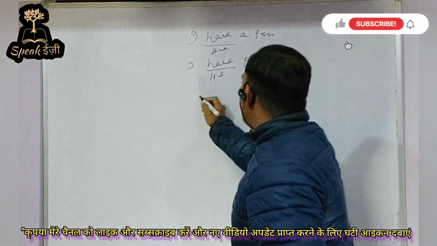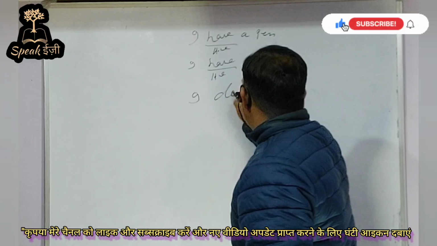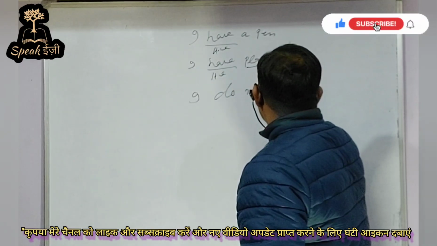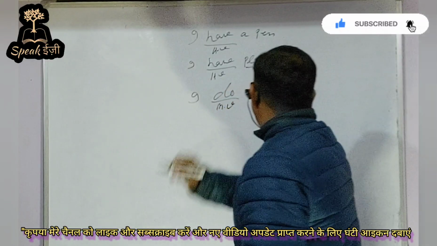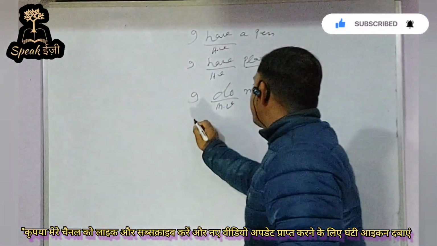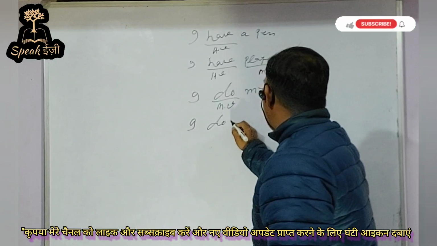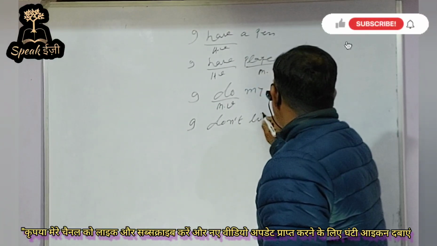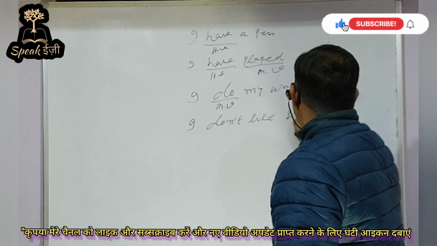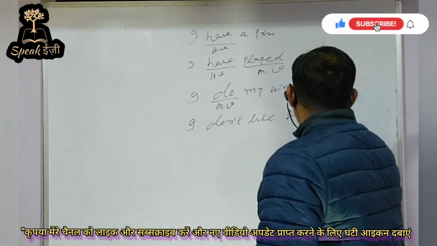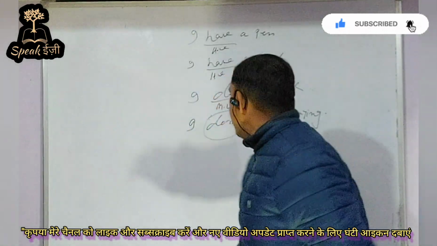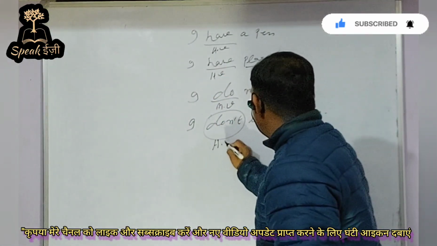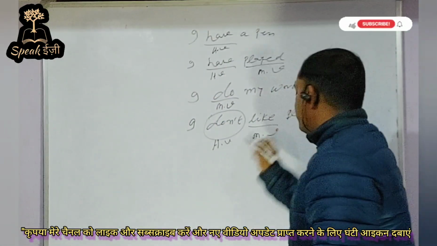Let me explain one more example. "I do my work." In this sentence, this "do" is working as a main verb. And if I write, "I don't like playing," in this sentence, this "don't" is working as the helping verb and this "like" is the main verb.